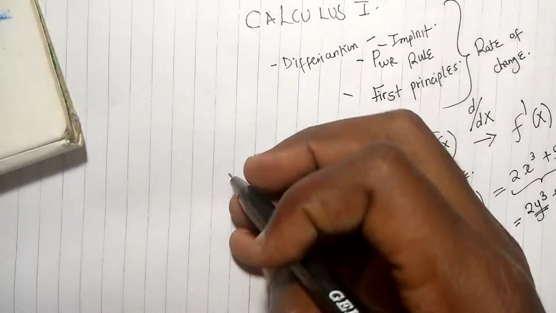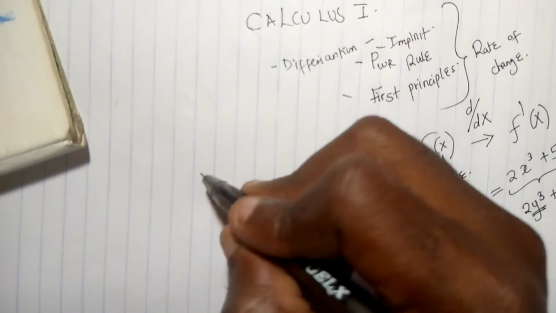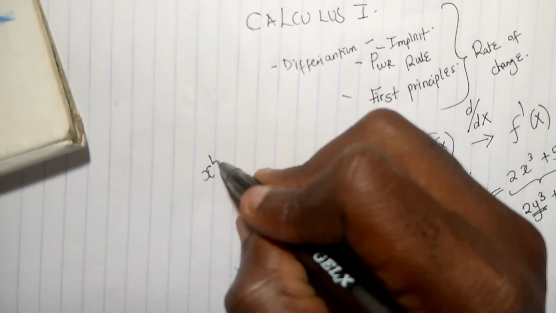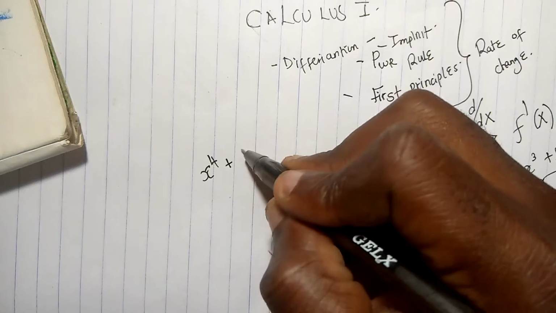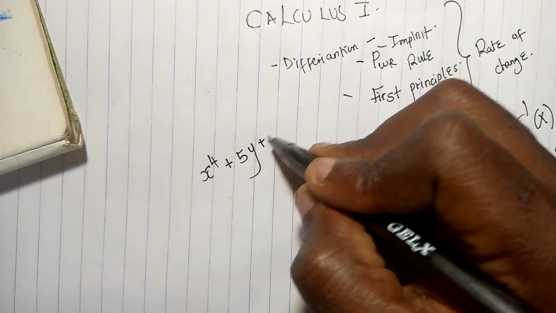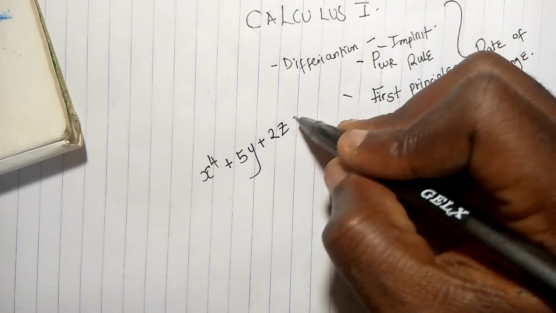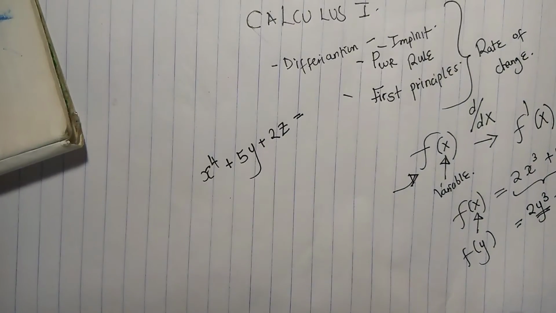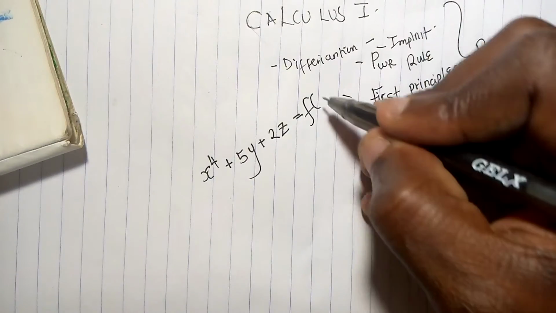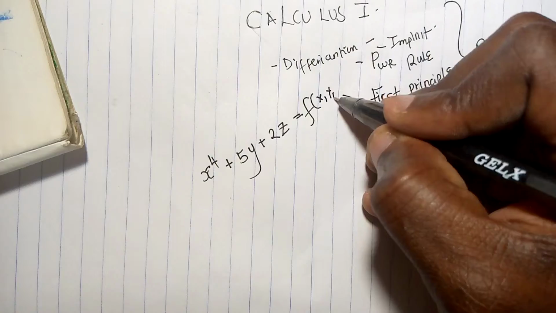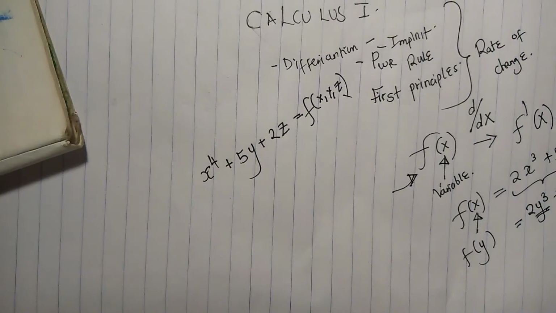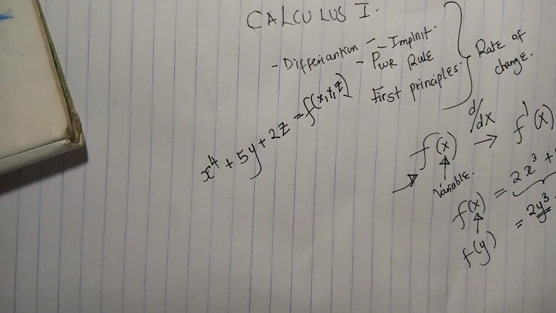And if we have an equation x raised to power 4 plus 5y plus 2z, then this function is made up of x, y, and z.